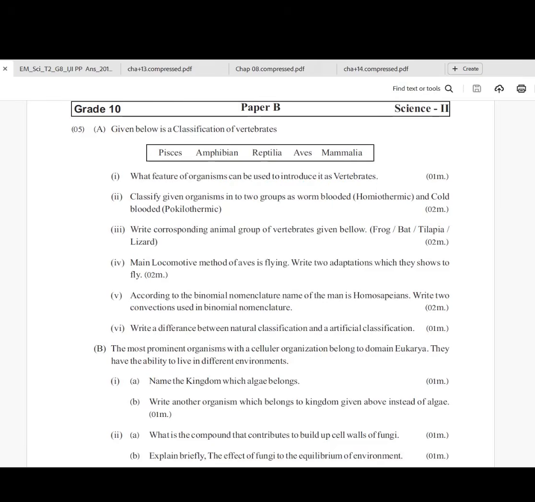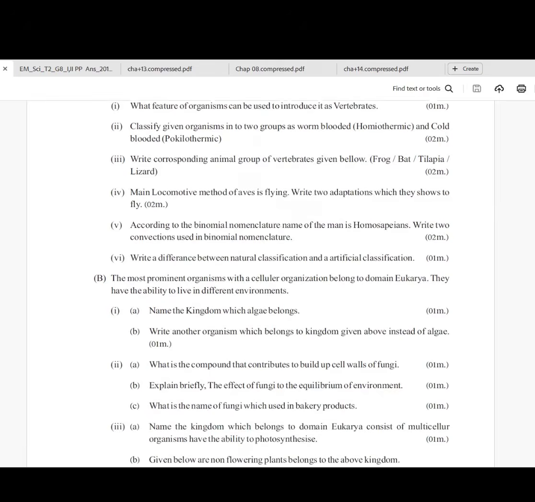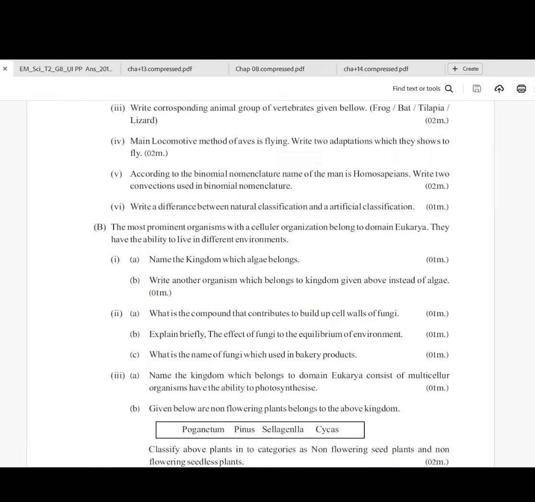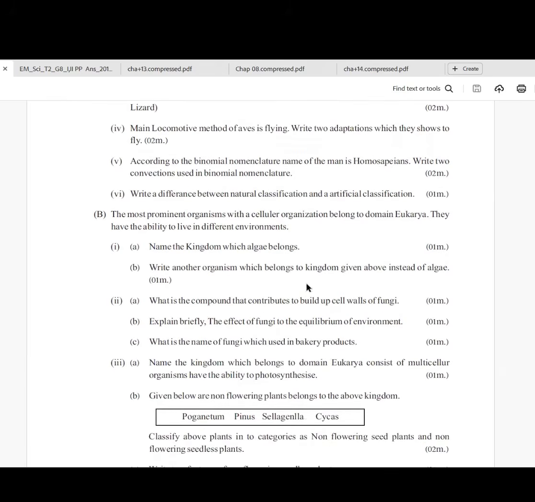According to the binomial nomenclature, name of the man is Homo sapiens. Write two conventions used in binomial nomenclature.